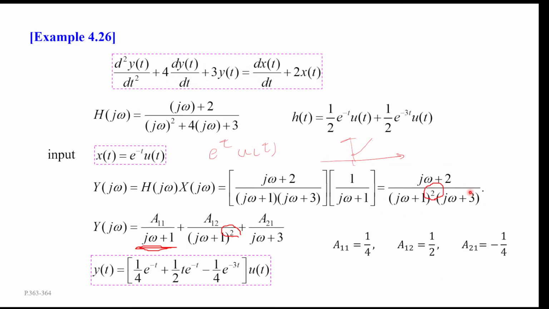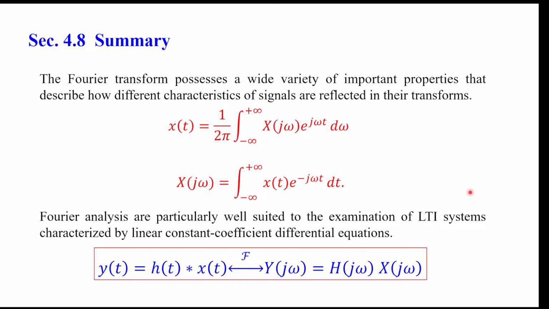Okay, and so a very simple summary of this chapter. We talked about the Fourier transform, and the most important two equations here are the Fourier transform equation and the inverse Fourier transform equation. Let's read through them once again. x of t equals 1 over 2 pi, integration from minus infinity to plus infinity of big X of j omega e to the j omega t d omega.